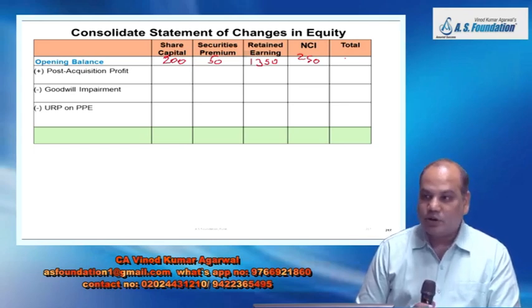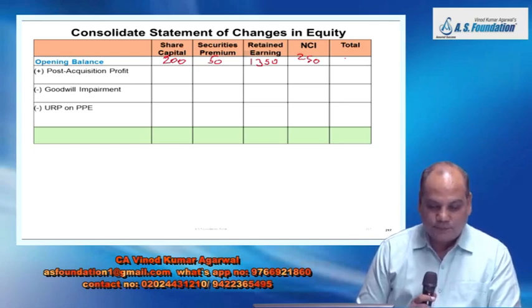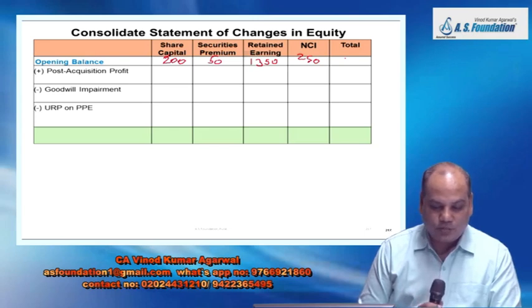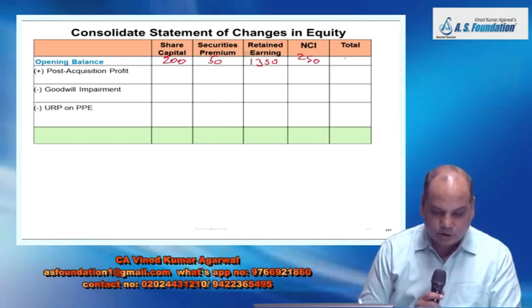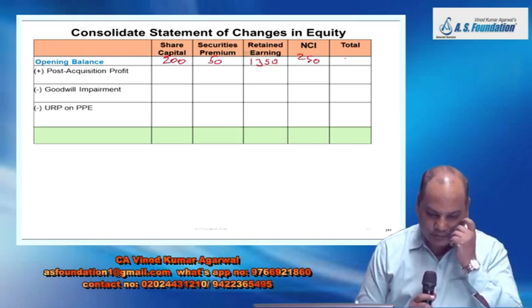P transferred a machine to S for rupees 15,000. The asset had a remaining useful economic life of 3 years at the date of transfer. It had a carrying amount of rupees 12,000 in the books of P at the date of transfer.